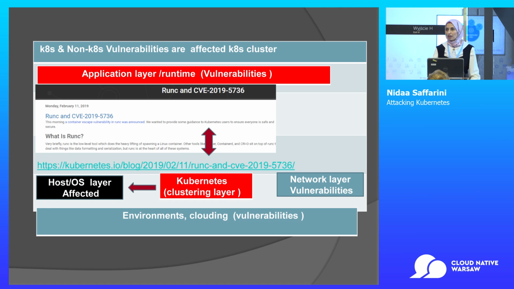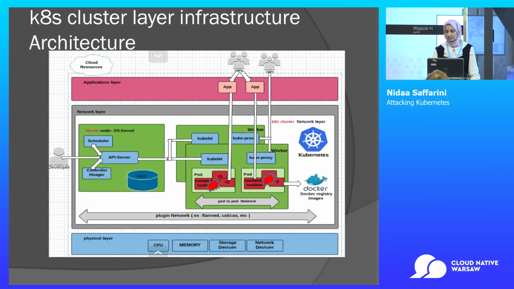They can stop any process, which means the vulnerability goes from the application layer and Kubernetes layer to affect the host layer. This is the vulnerability location, but it's already patched. It's a good example and an interesting vulnerability. Even until now, there are blogs and research about this vulnerability.